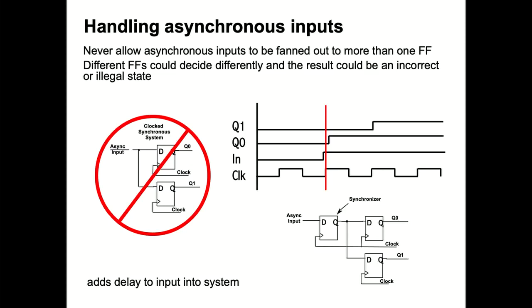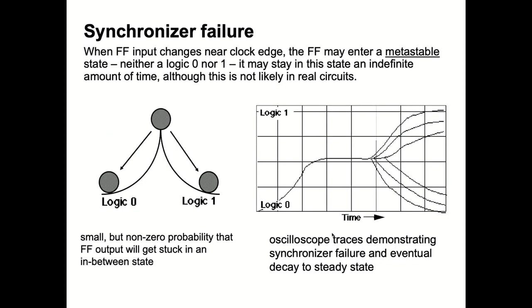This isn't perfect. There's still a possibility that the asynchronous input could cause that one flip-flop to oscillate, right? You certainly can still violate the hold time and the setup time with an asynchronous input. And there's nothing we can do about that.